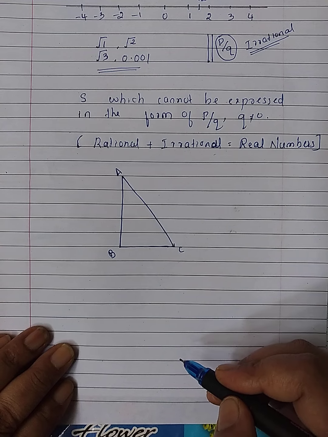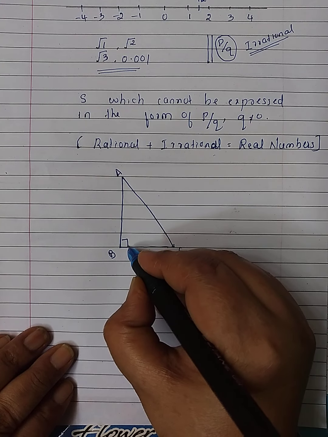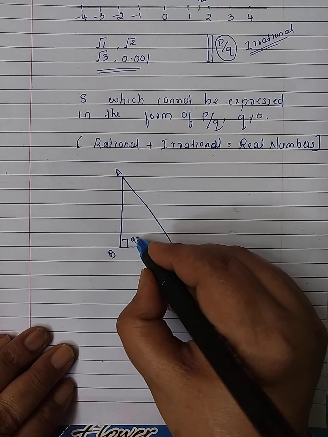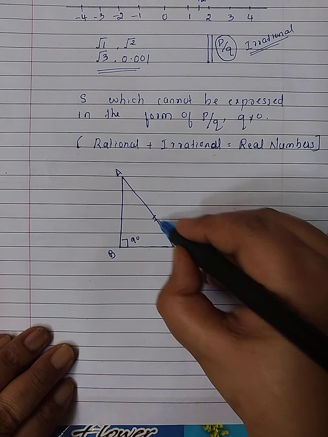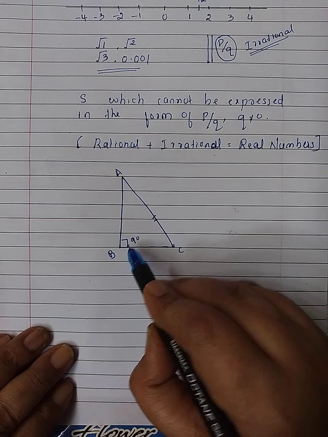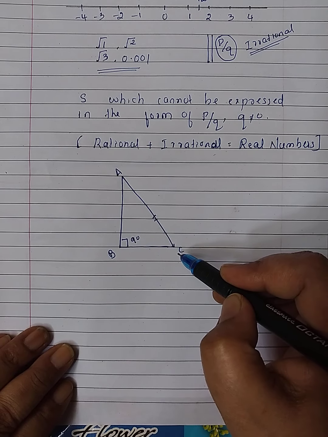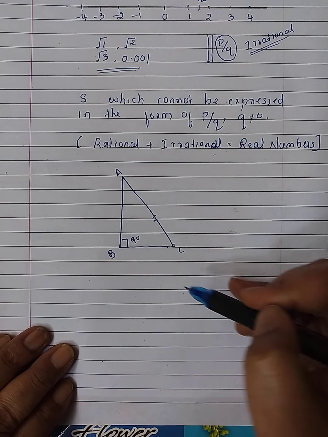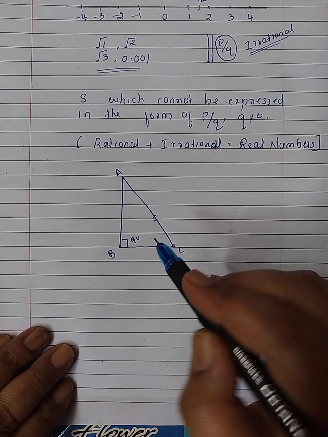ABC is a right angle triangle, B is 90 degrees and AC is called the hypotenuse. That is, the side opposite to the 90 degree angle is called the hypotenuse. AC is the hypotenuse, AB and BC are the other sides.